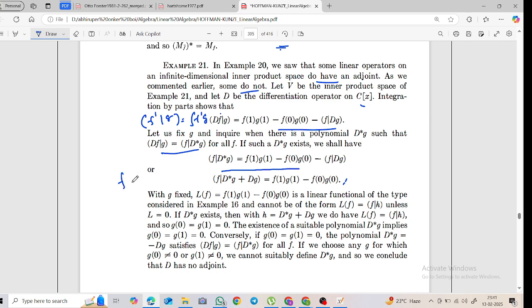So you are sort of doing the inner product g prime plus g, that is g prime bar plus g bar, you are doing this inner product. Okay. Now with a fixed g, you get this. This is a linear functional of the type in example 16, cannot be of the form f inner product h. Okay.